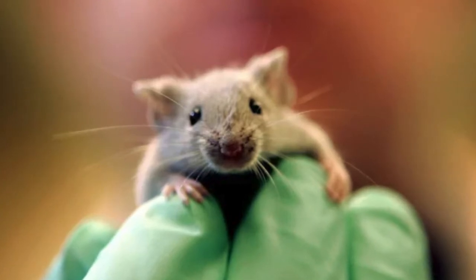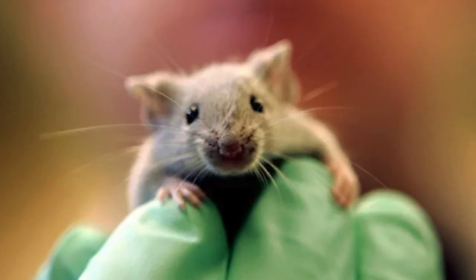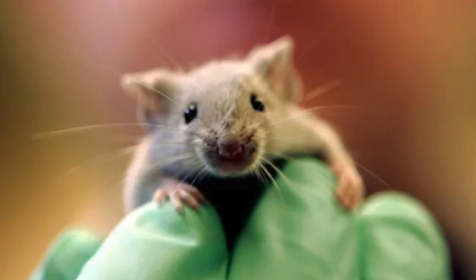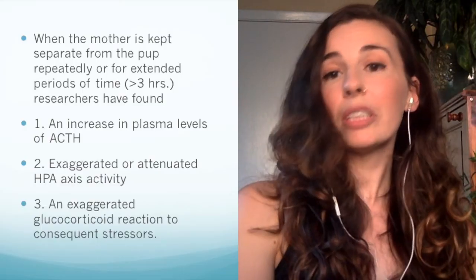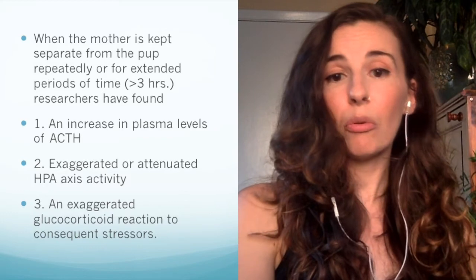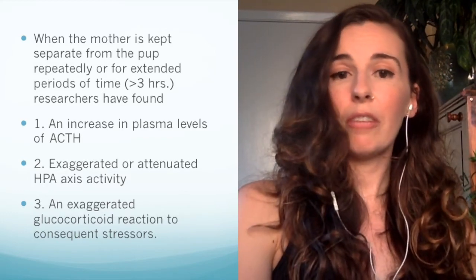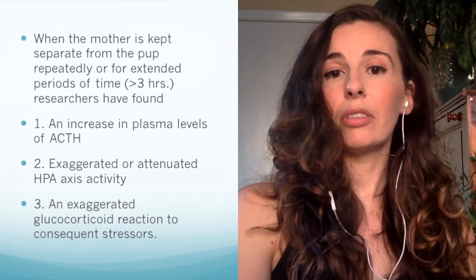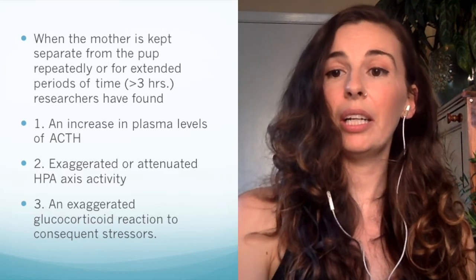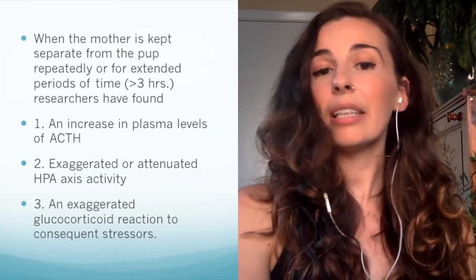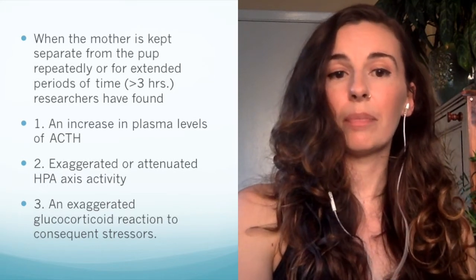Rodent studies have shown the impact of maternal interaction and maternal separation on the development and regulation of the offspring's current and adult HPA system's response to stress. When the mother is kept separate from the pup repeatedly or for extended periods of time, over 3 hours, researchers have found an increase in plasma levels of ACTH, exaggerated or attenuated HPA axis activity, and exaggerated glucocorticoid reaction to consequent stressors.